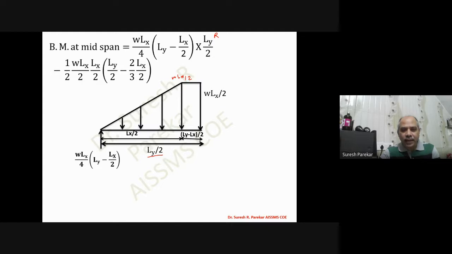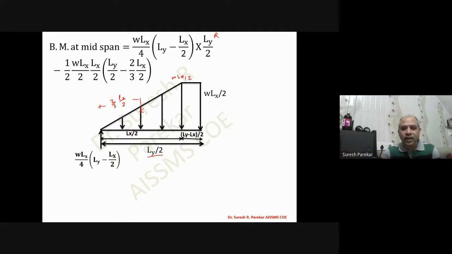Minus. My centroid will be at a distance of 2/3 of Lx by 2. And then we get the remaining distance. We have to take moment at mid span, not at the reaction.